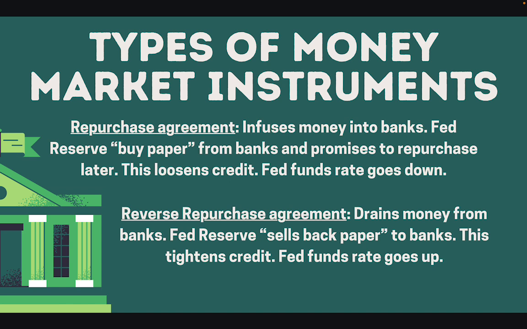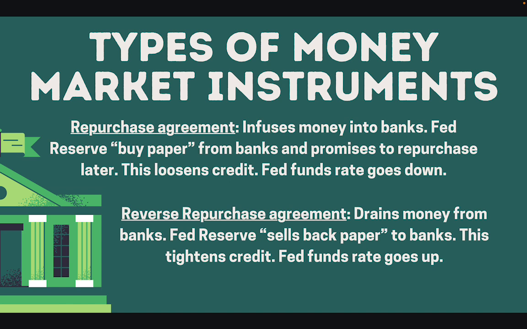They buy paper from the bank, and they promise to repurchase later. So they are giving money to the bank, which is going to loosen credit. So the bank is able to give out more loans, and the federal funds rate is going to go down.